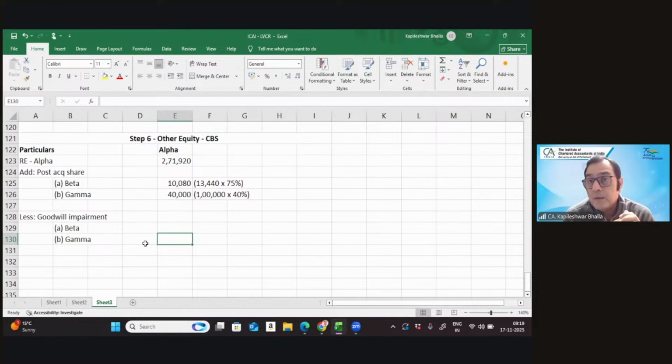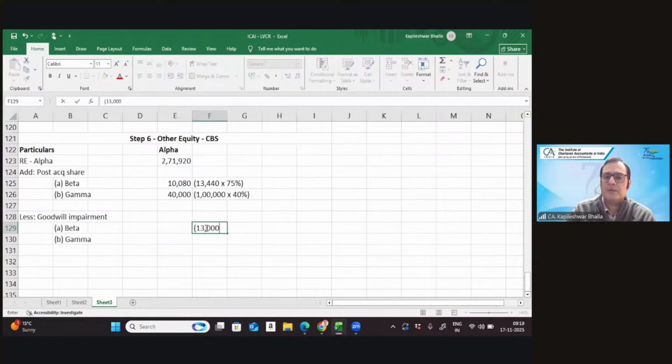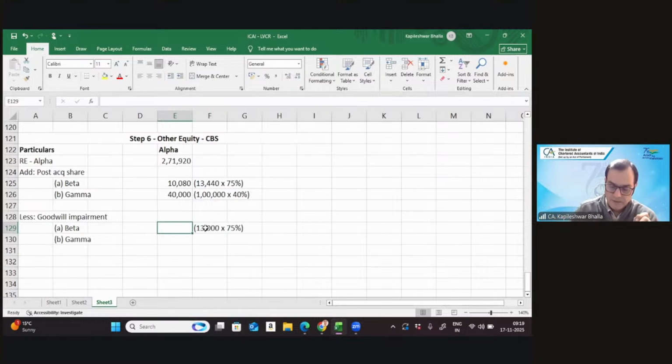For gamma, of course, there will be investment impairment, not goodwill impairment. So we take 13,000, I think, was the goodwill impairment, and 75% to be taken here. So this works out at 9,750. Okay, so I think this is done.